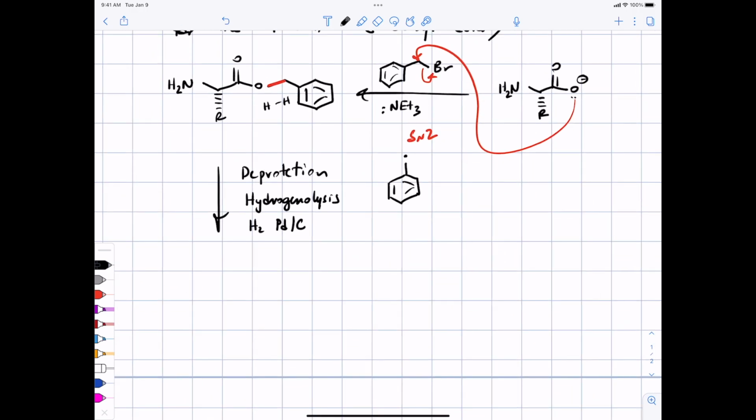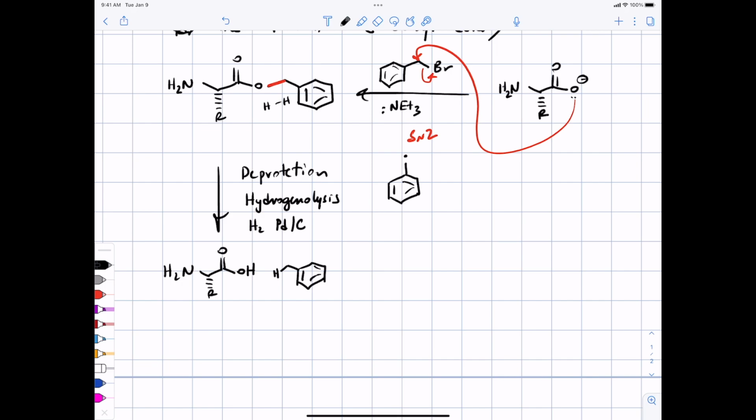You add hydrogen and palladium on carbon. What that does is it breaks the bond between the oxygen and the carbon adjacent to the benzene ring. One hydrogen from H2 ends up there. The other one ends up here.